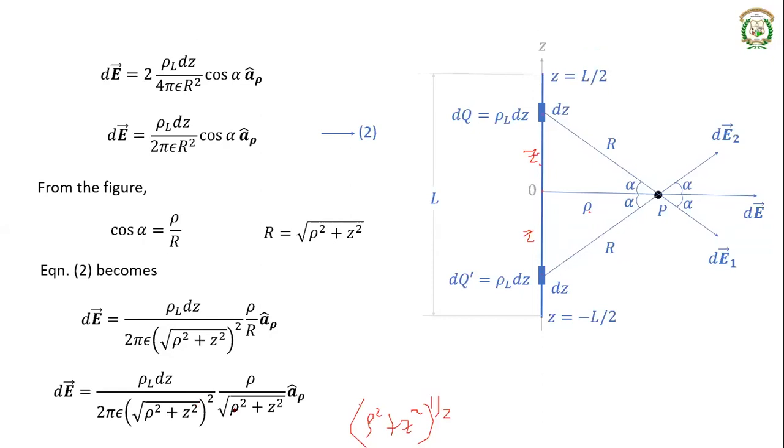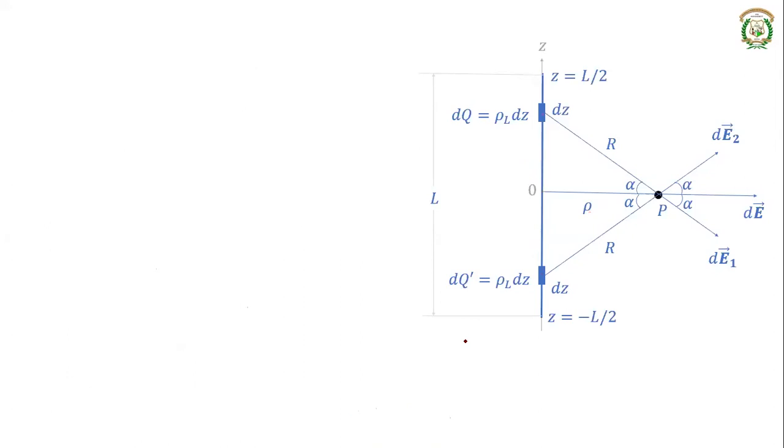This is power of 1 by 2. So what you finally obtain is 1 plus 1 by 2, which is 3 by 2. So we get rho square plus z square whole raised to 3 by 2 and a rho cap.